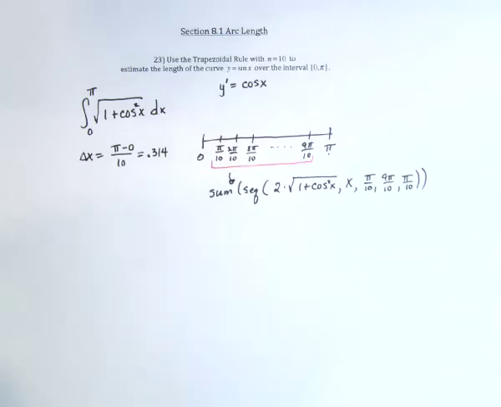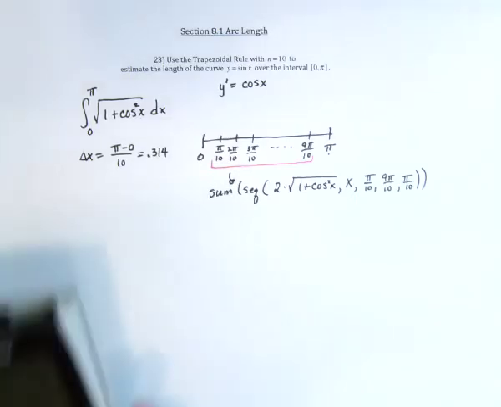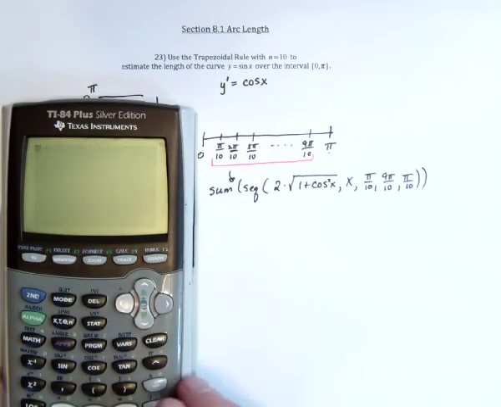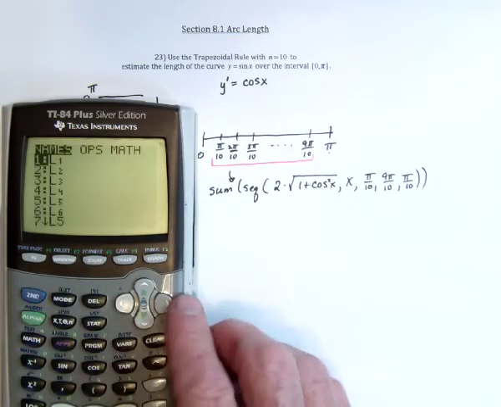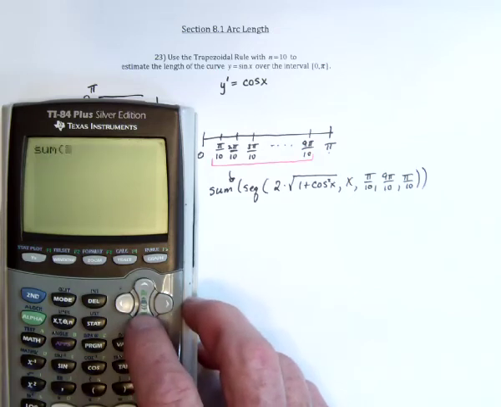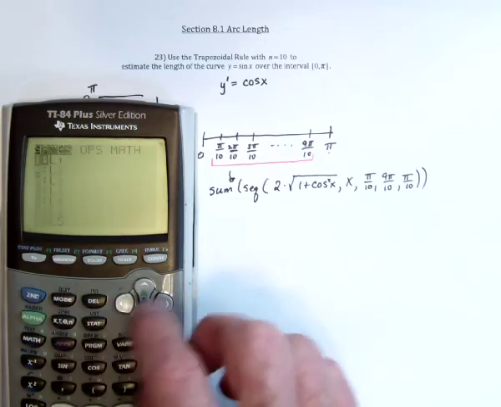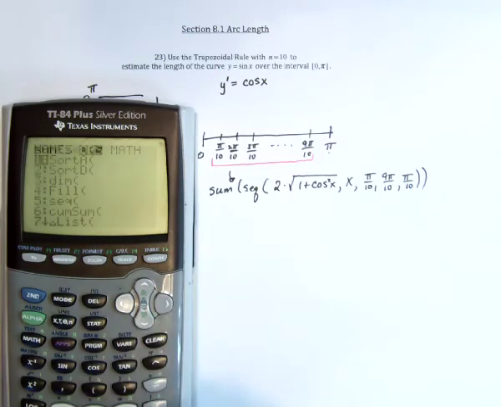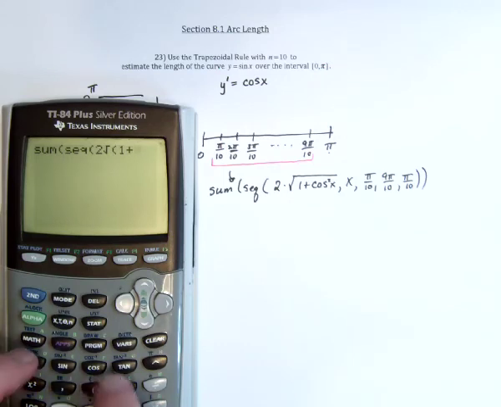So we've got second list, move over to math, number 5, sum. Second list, move over to operations, number 5 is sequence. And then it's 2, the square root of 1 plus cosine of x being squared.